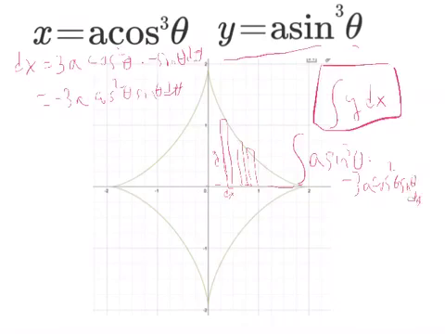I'm running out of room. Sorry about that. And what we can factor out of this entire integral is negative 3a squared. And then we'll have the integral of sine to the 4th of theta cosine squared of theta d theta.